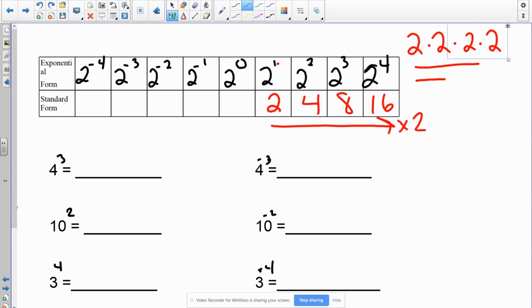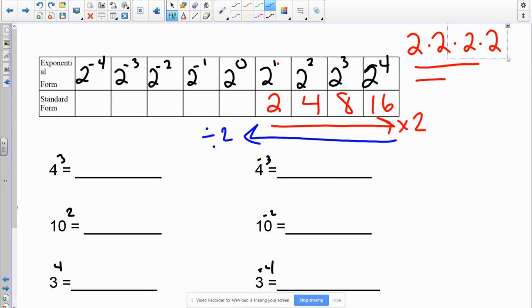So does that mean if we move to the left, that would be the inverse of that? Let's look. If we go to the left, 16 divided by 2 is 8, divided by 2 is 4, divided by 2 is 2. So that works too. When we go to the left, we're dividing by 2, which is going to help us with our patterns here.